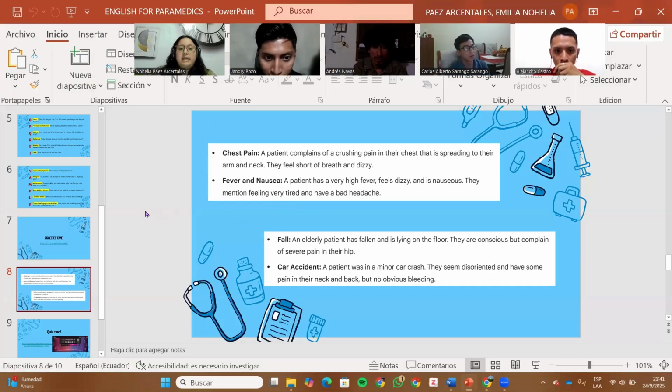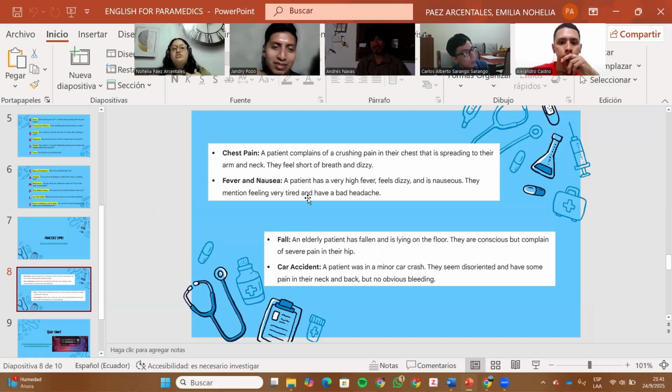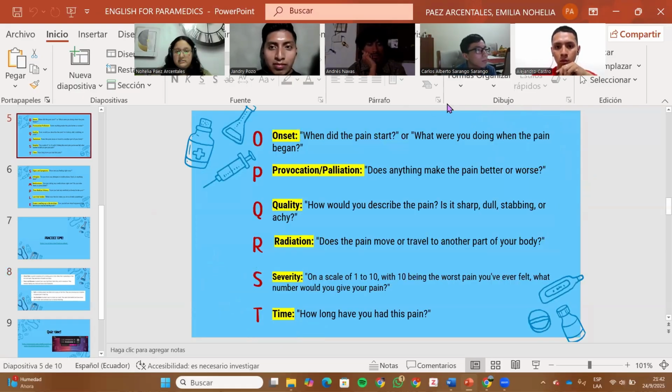For chest pain, a patient complains of a crushing pain in the chest, and that is spreading to the arms and neck. They feel short of breath and dizzy. So, you have to pretend all of these: that you have chest pain, that it affects your arms, you feel a little dizzy, you feel like you cannot breathe very well. And Alejandro is going to ask you the questions.